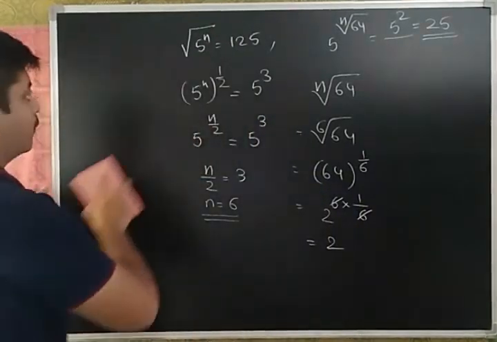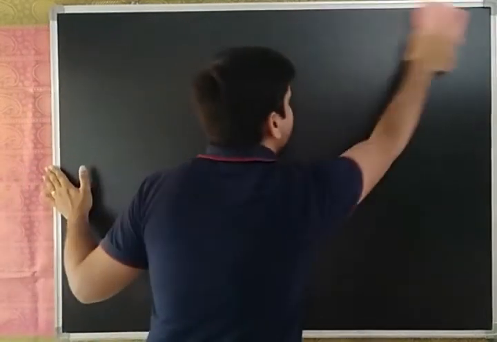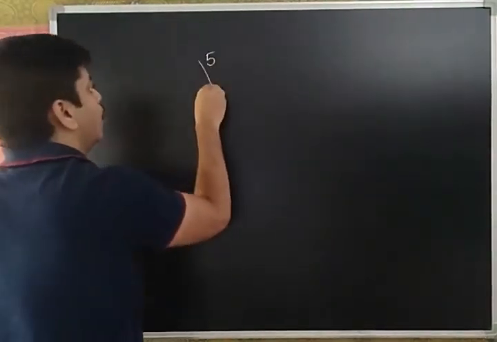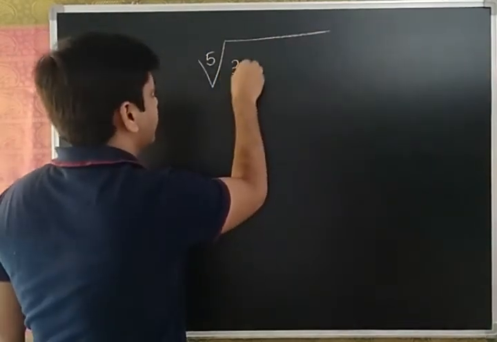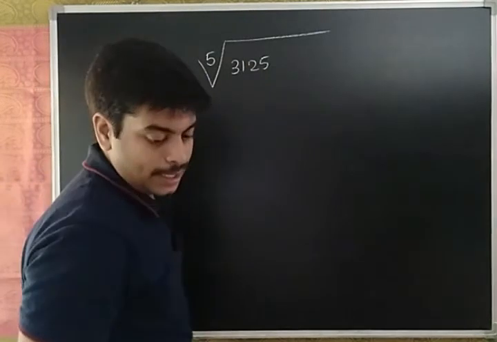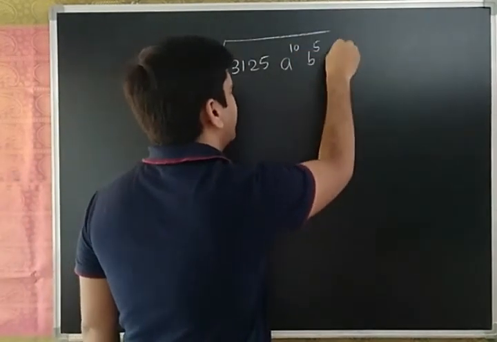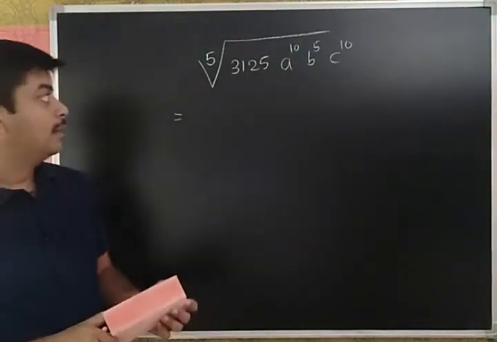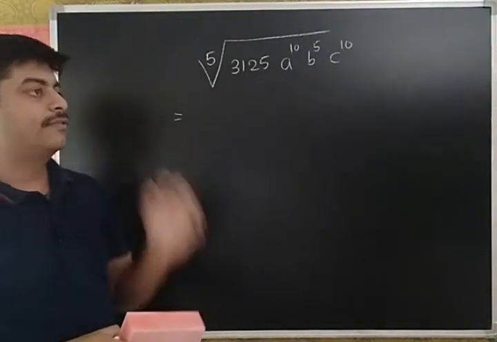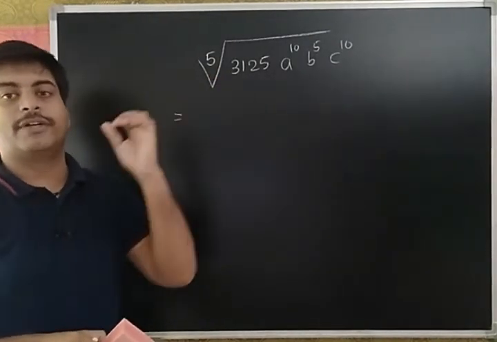Fifth root of 3125 into a power 10, b power 5, c power 10. We need to find the value of this. Here it is a fifth root, so we need to find whose power 5 is 3125.